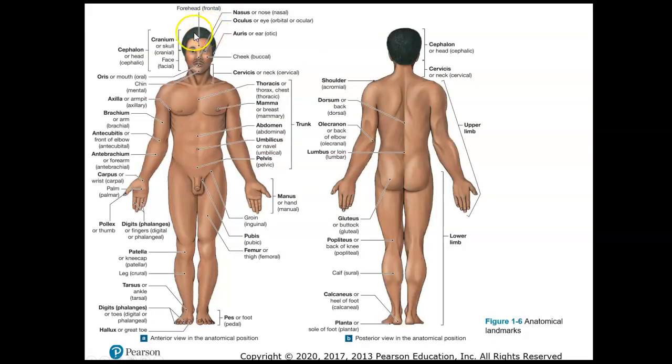You need to know every term on this page, and I always get the same questions, so I'm going to go ahead and tell you. You have a term in bold, that's the structure. Then you have a term in parentheses, that is the region. You do need to know both of them because they're different parts of speech.